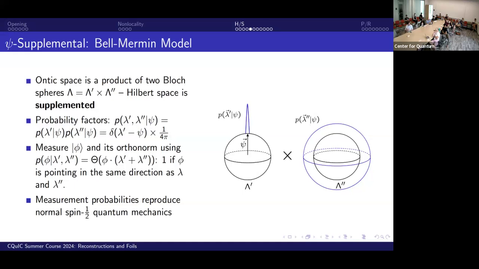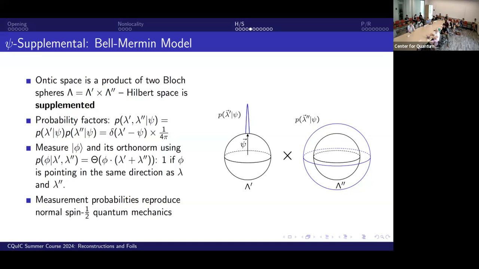Go ahead. So to understand this model, am I to think of the first sphere as kind of like a classical spin? No, it's the regular quantum. You have your regular wave functions, like for spin half particles.